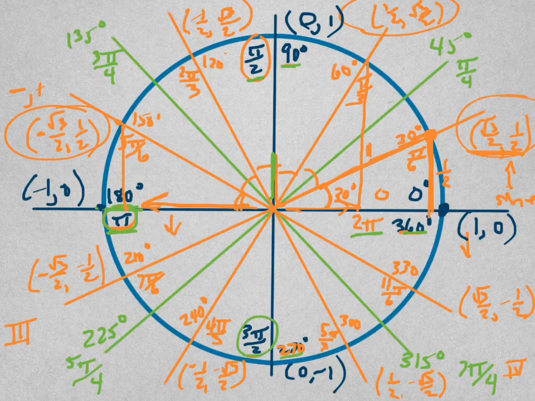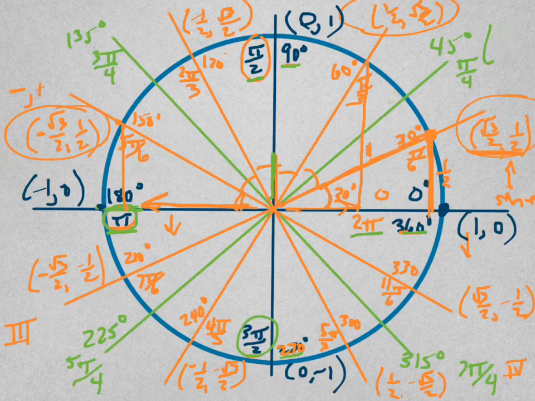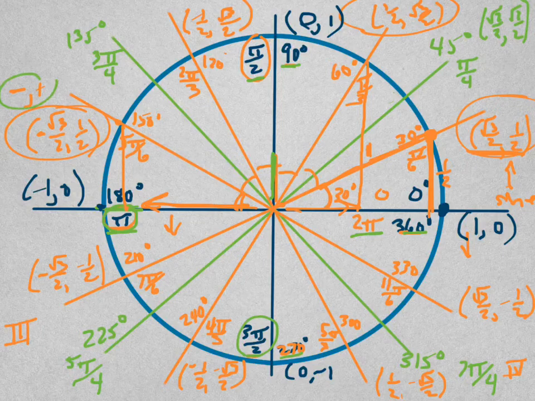These are the easiest because they're the same. It's a 45-45-90 triangle. So these are both √2/2. √2/2 comma √2/2. And this same thing, except the signs are negative.